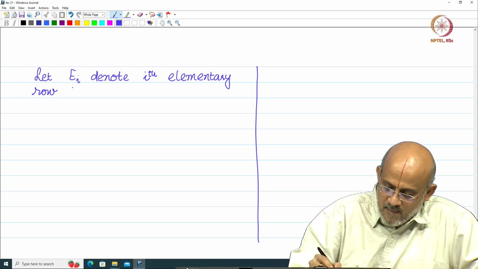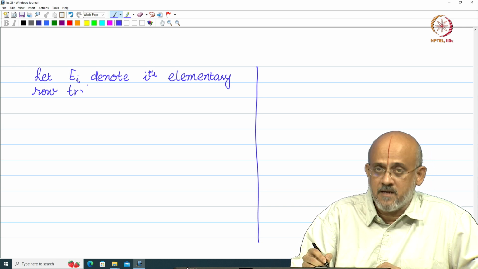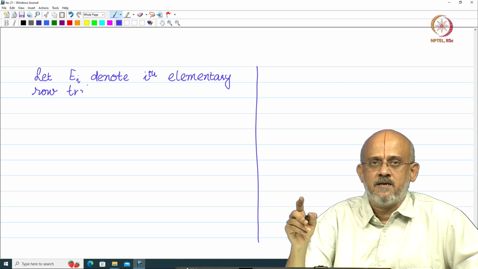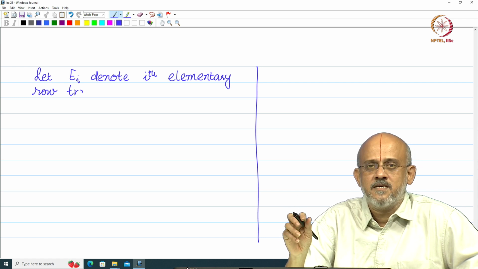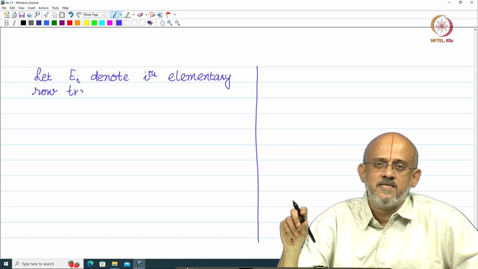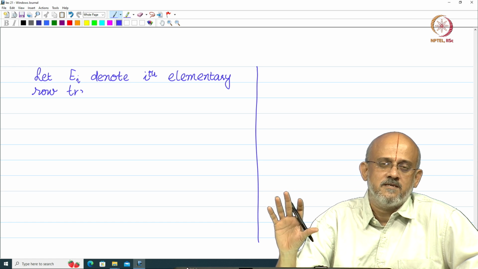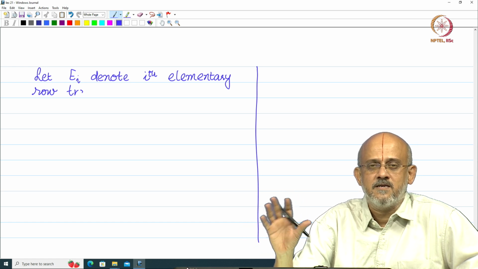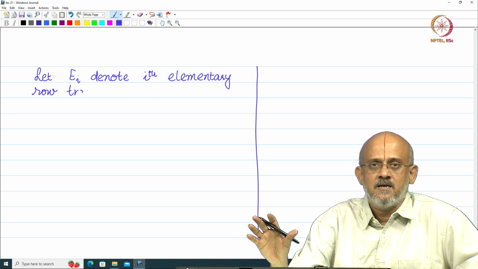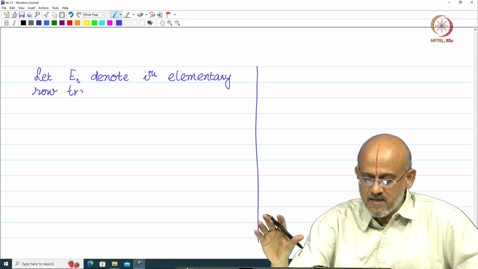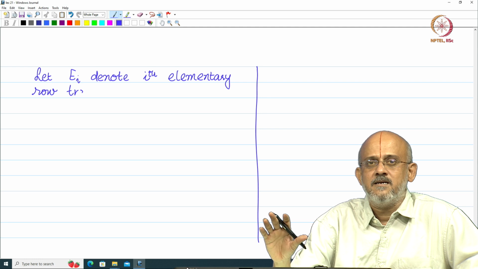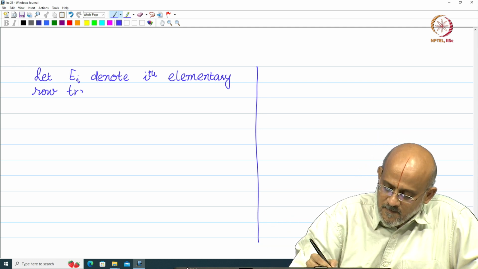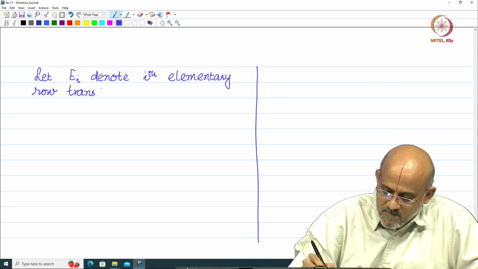It does not mean that I am operating it on the ith row. What it says is, if I say E2, it is the second elementary row transformation that I am trying to do. Is that clear? E1 corresponds to the first elementary row transformation, E2 is the second, and so on. Ei corresponds to the ith elementary row transformation.